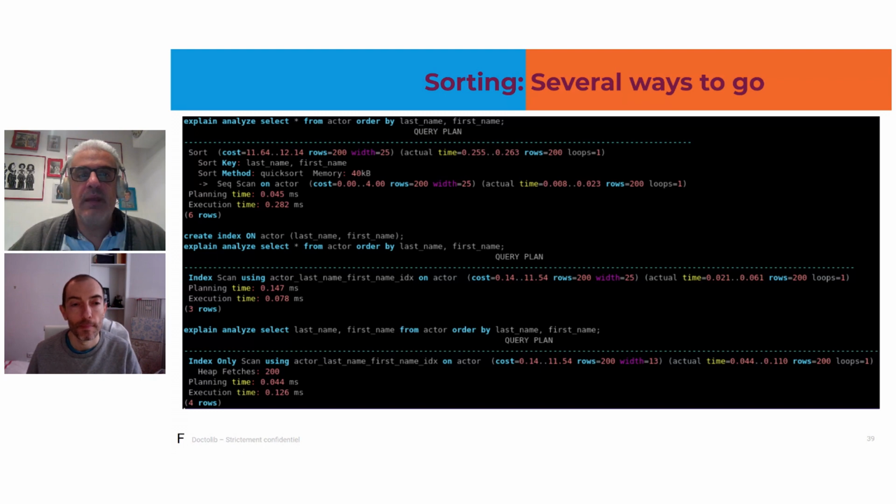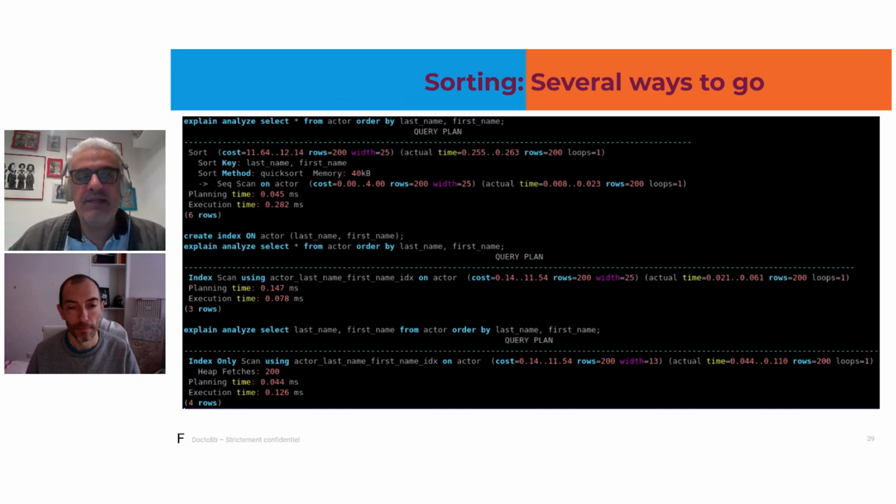And then we make a quick sort, a sort method, and it's done in memory. The explain analyze shows how much memory it needed. And exactly as the aggregate that we saw before for counting, I need to put that in memory, and the cost for the first row and the last row is approximately the same, because I need to put all the rows in memory to sort them out and then display the results for the user.